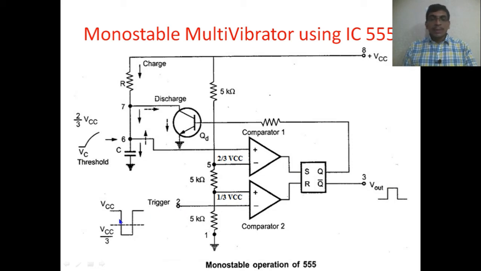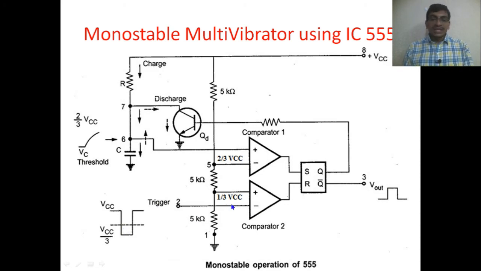Suppose you apply an external trigger voltage of large negative voltage, which is less than this 1 by 3 VCC. Then the voltage at the non-inverting terminal will be greater than the inverting terminal voltage, because the inverting terminal is given a large negative voltage, which is less than VCC by 3.